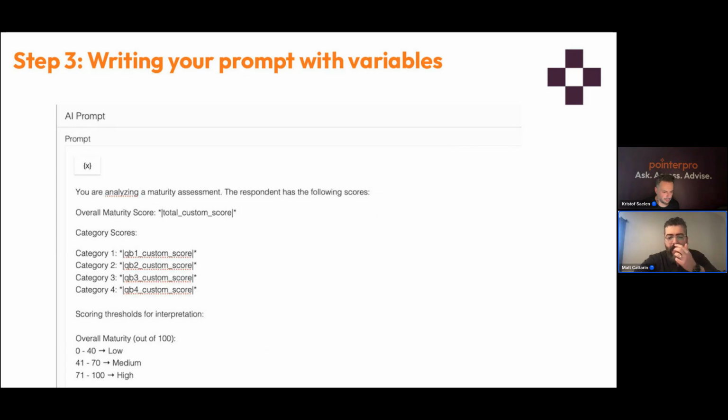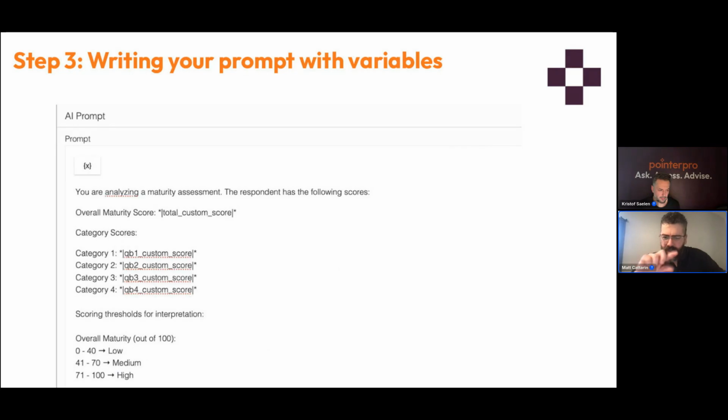So with our AI widget, of course, you're able to include these variables within your prompt, which then allows ChatGPT to provide highly specific feedback relating to your respondent, right? As you can see from the screenshot here, within this prompt, we're leveraging both the overall score of the respondent, so the overall maturity score, but we're also providing category-specific scores based on maturity thresholds, which are mentioned at the end.